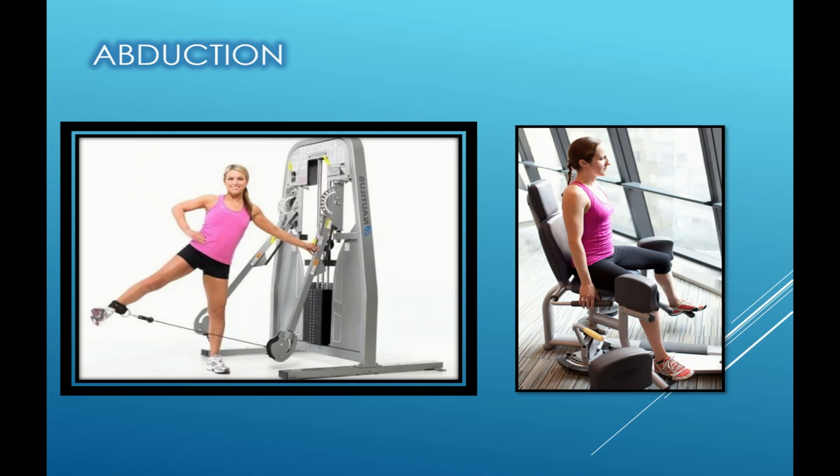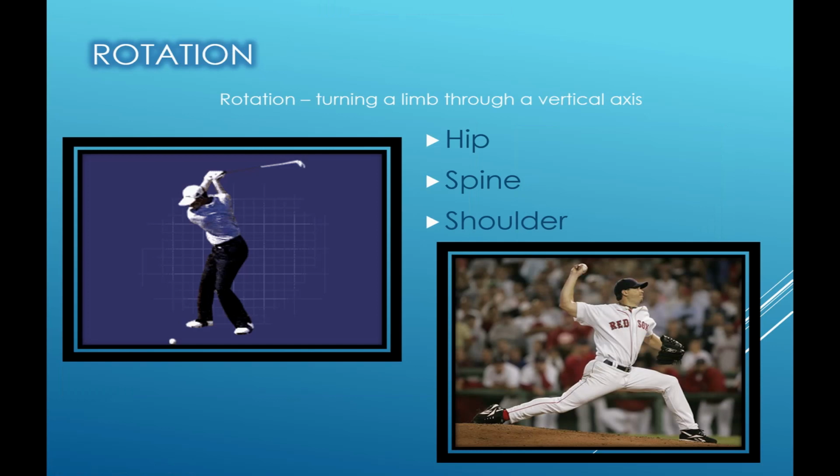Again, this is just another example of abduction occurring. Rotation is turning a limb, or even your torso, through a vertical axis. The hip, the spine and the shoulder are major players in any kind of rotary movement that the human body can produce. When we talk about rotation, we're talking about mainly producing power. The body produces torque and power mainly through the transverse plane, which we will talk about at the end of this lecture, the different planes of movement.